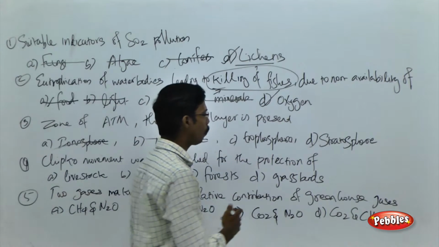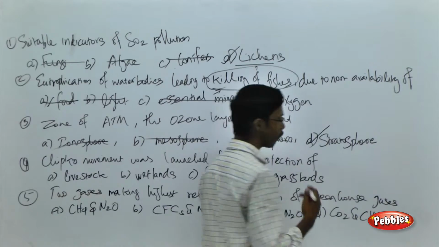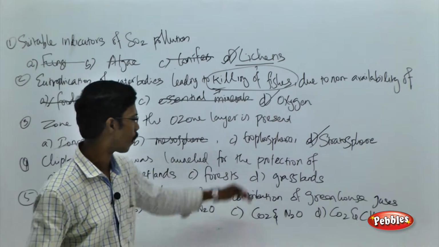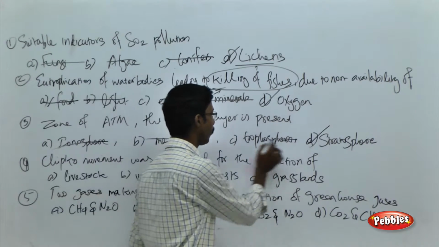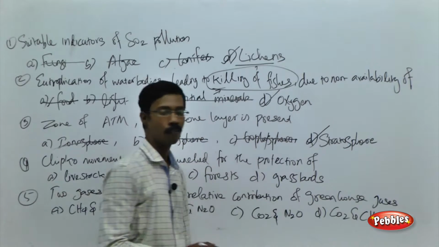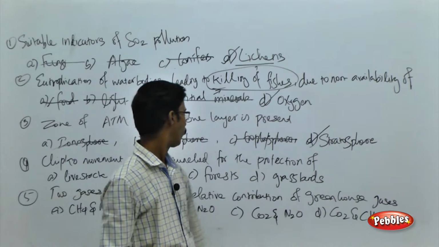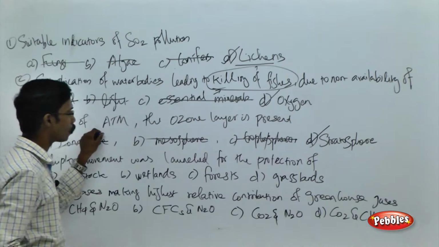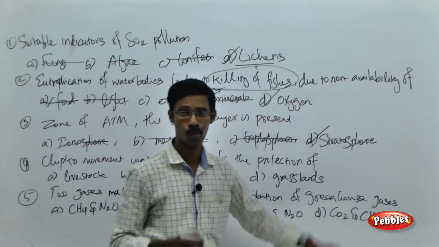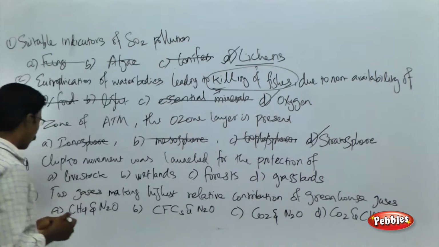The good ozone is present in the stratosphere, that is the naturally formed ozone layer. The troposphere contains the bad ozone, which is because of human activities. Okay, so the correct choice over here, the zone of atmosphere where the ozone layer is present, is stratosphere. Fine. See the next question.